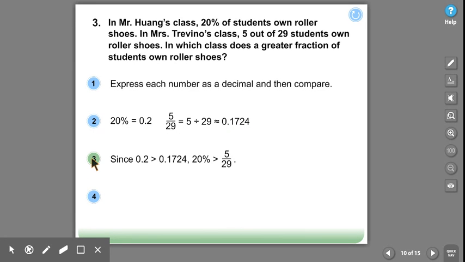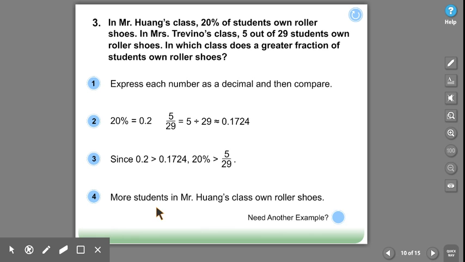So when you compare them, 0.2 is greater than 0.1724. So let's come back to the original forms that they have in the sentence. 20% is greater than 5 over 29. So more students in Mr. Huang's class own roller shoes.